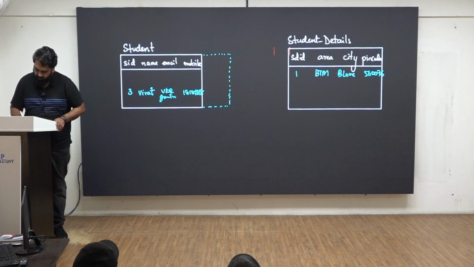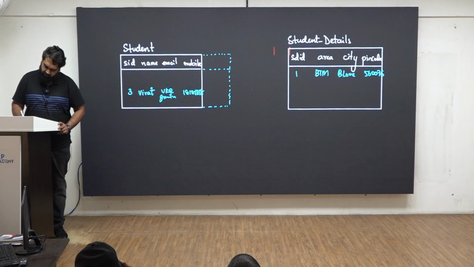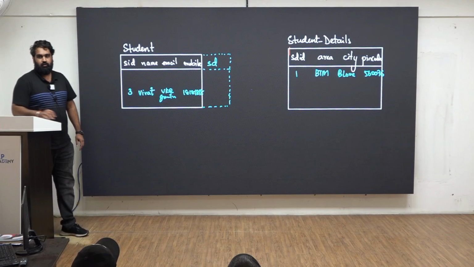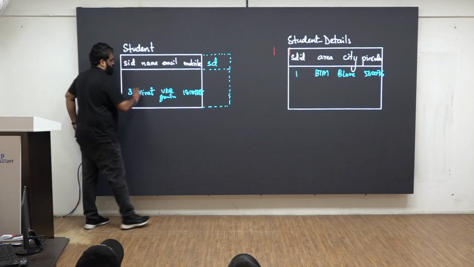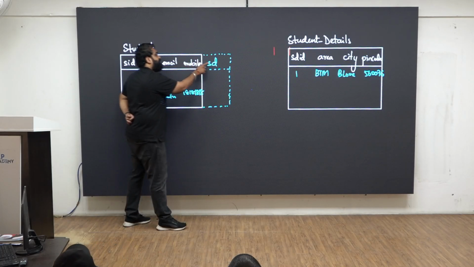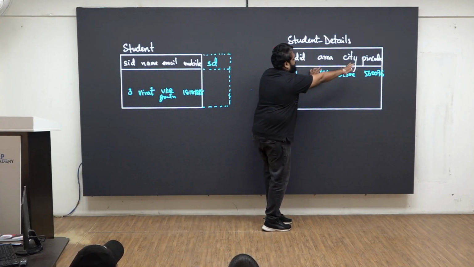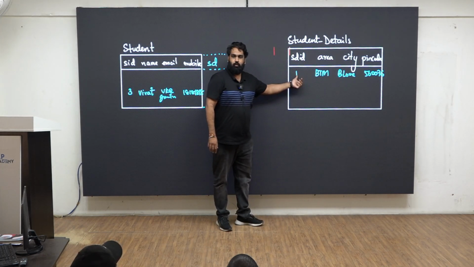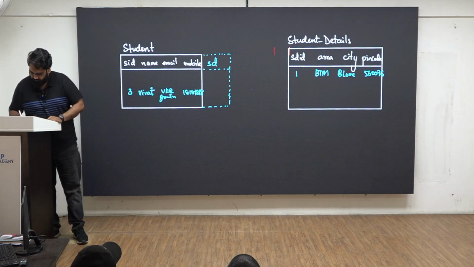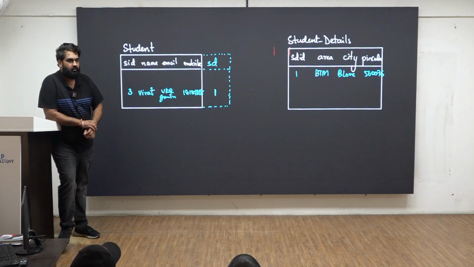I will say SD is the column. So for this student, where is the student details present? That information will be there in SD. Tell me, where is the student details present? What is the ID? 1. So I will take this and put it here.